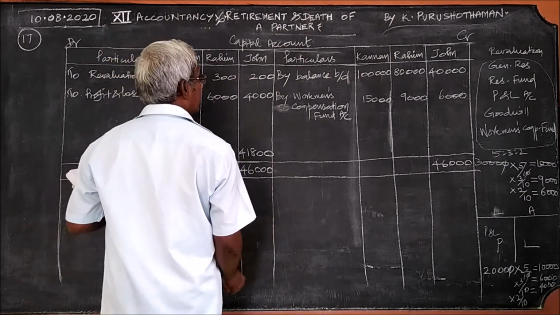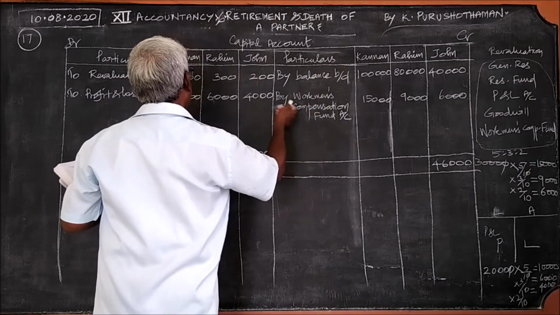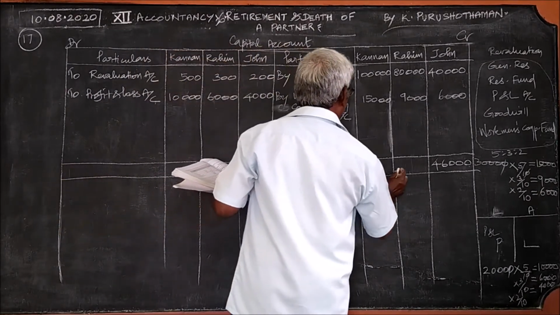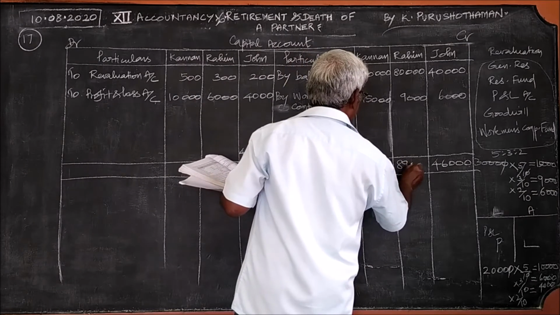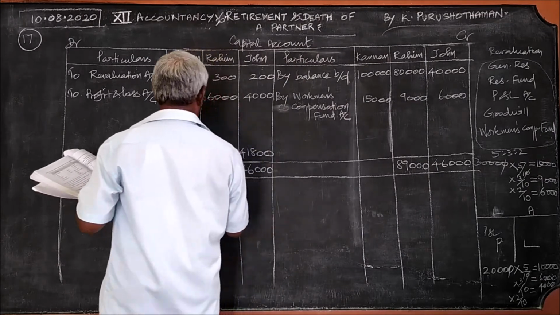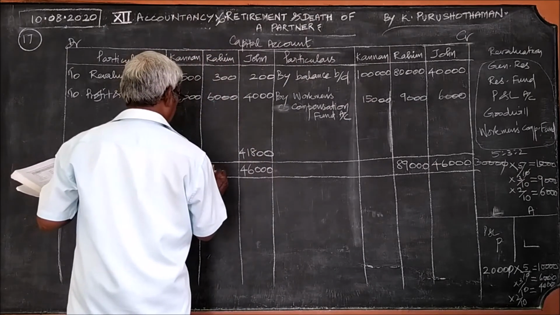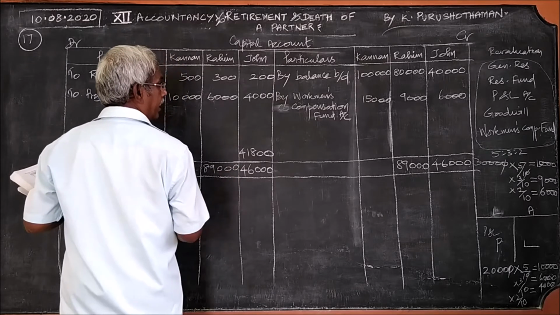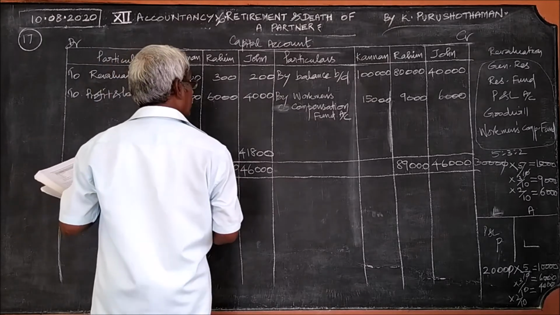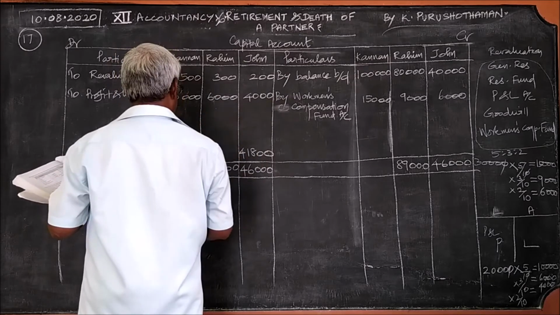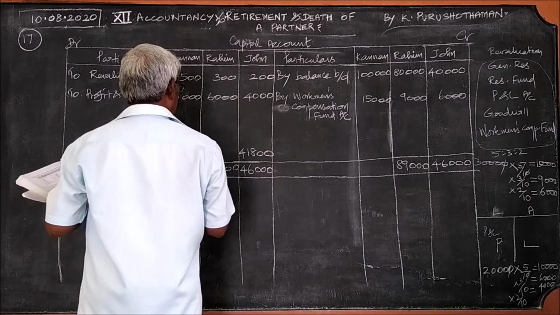Then come to Rahim. There it is 89,000, here only 6,300. Write the greater total, 89,000. Here also 89,000. If we compare this loss and the profit, profit is greater.